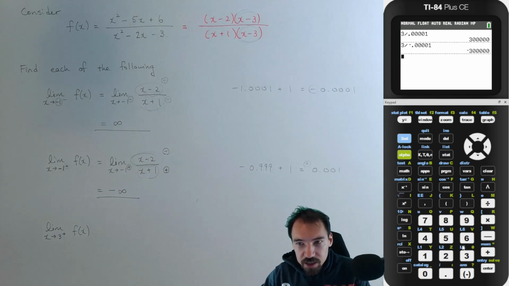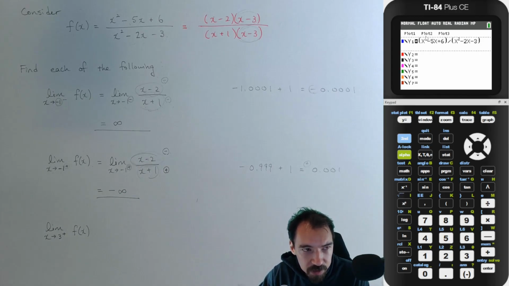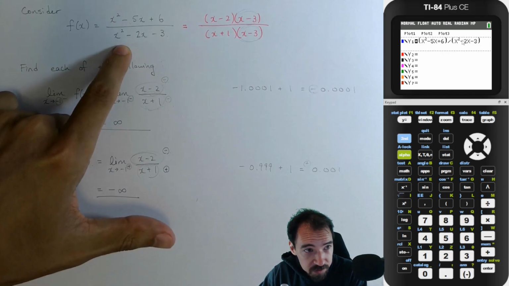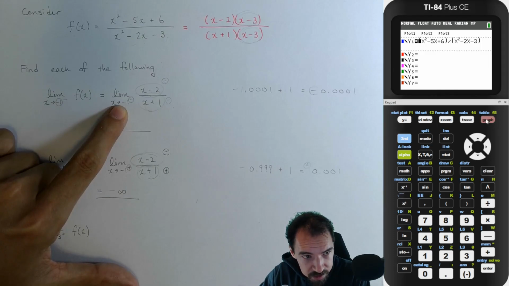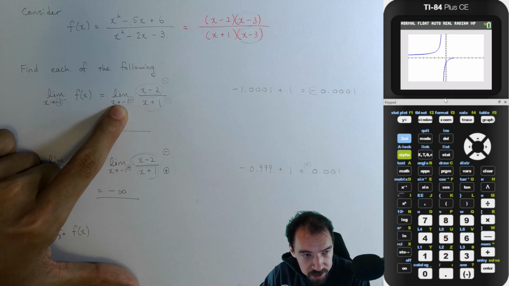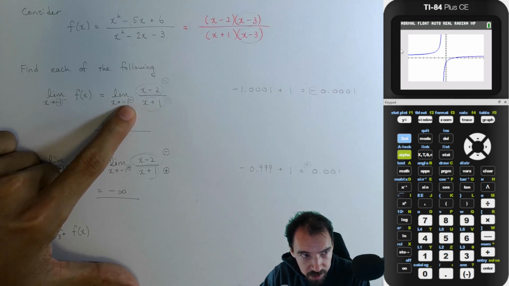All right, let's just glance at a graph real quick and see if we can reconcile this with the previous example. So I've got in here this function, and I'm going to hit the graph button. And we're going to look at what happens as x approaches -1. Boom, there's a vertical asymptote. Okay, so as we approach -1 from the left, so this way, oh look, the y values go up to huge positive numbers.